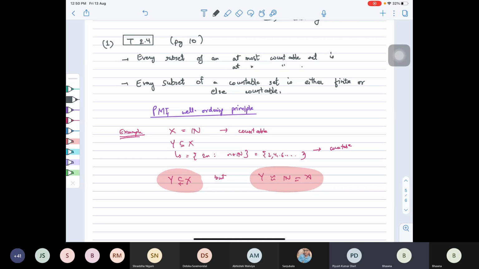I am saying it is either finite or countable. Suppose it is not finite, then it has to be countable. Countable means it is numerically equivalent, set equivalent to N, which is again equivalent to x. Any subset can be either finite or countable.